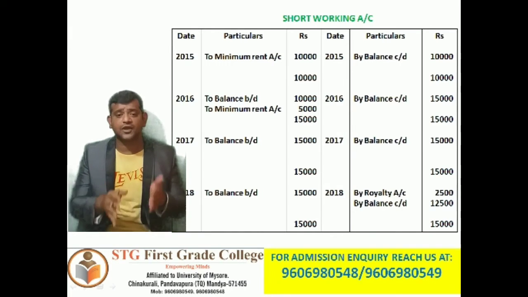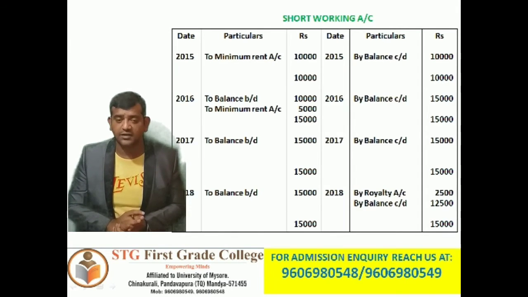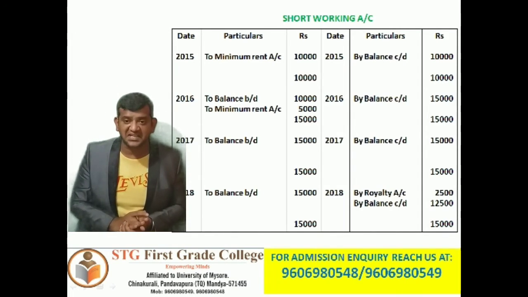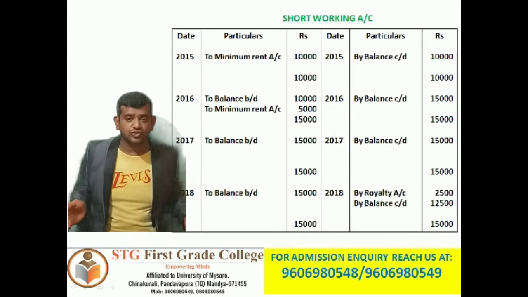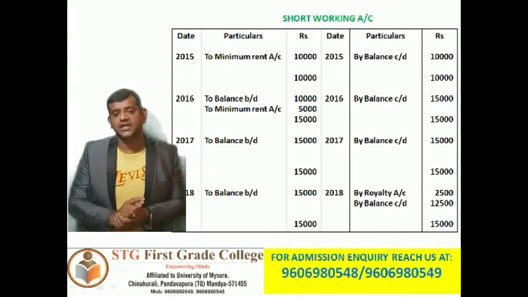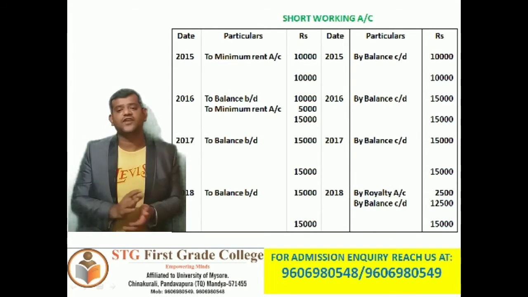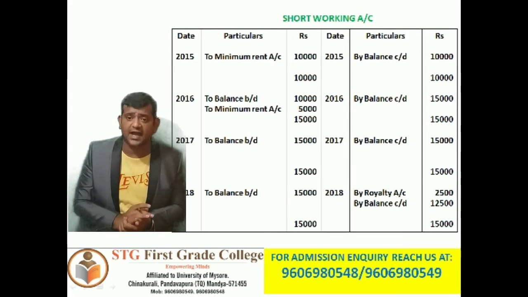Next, in the year 2017, to balance brought down 15,000. 2017 credit side, by balance carried down 15,000, because there was no short working in that year. 2018, to balance brought down 15,000. 2018 by royalty account.